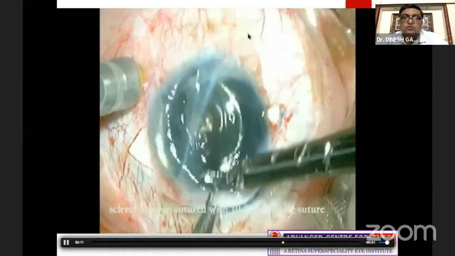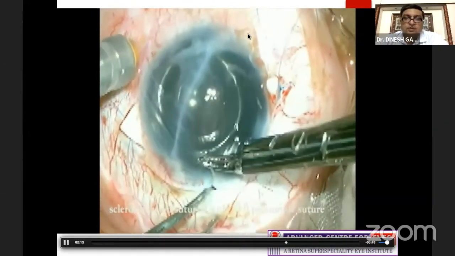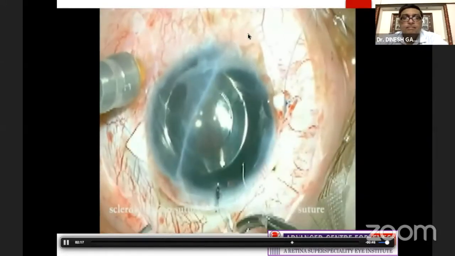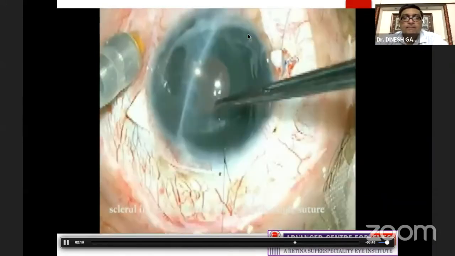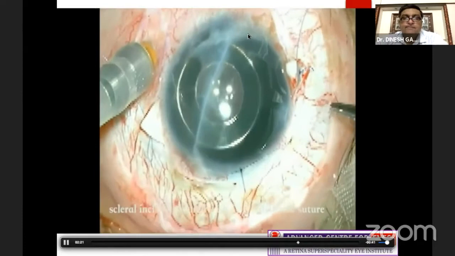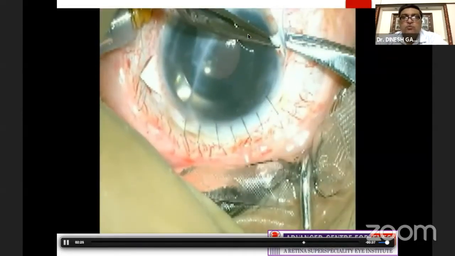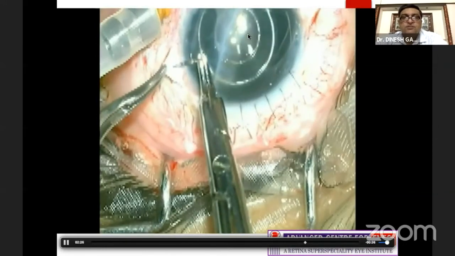And the corneal wound is stitched with 10-0 polyamide. Again, we have not used glue or sutureless fixation here.